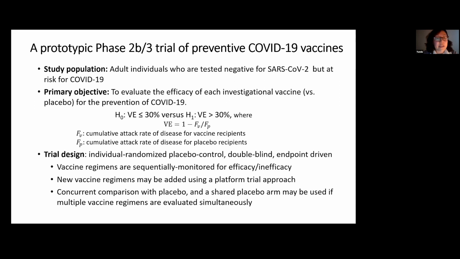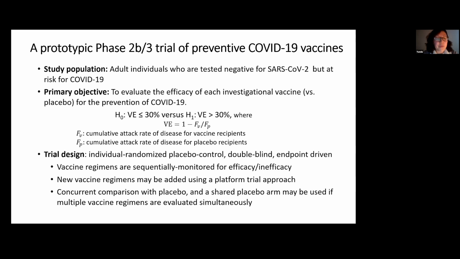With vaccine efficacy less than 30% as the design null, where the vaccine efficacy is estimated by comparing rates of disease between the vaccine and placebo group. The trial design, as Tom also alluded to, is an individually randomized, placebo-controlled, double-blind, endpoint-driven trial.